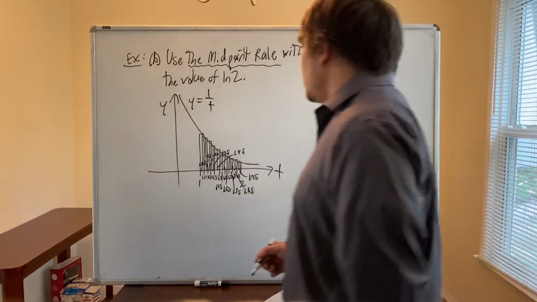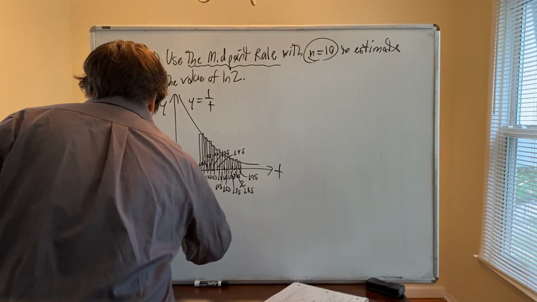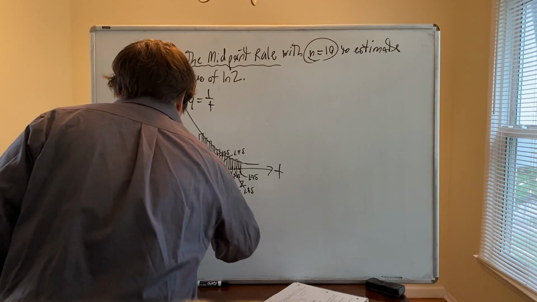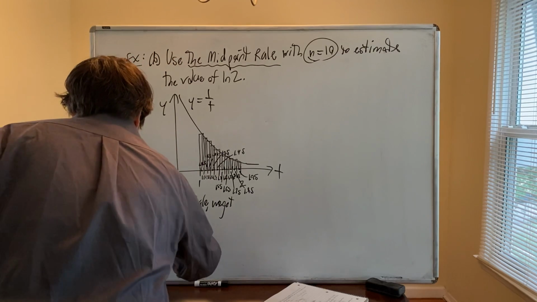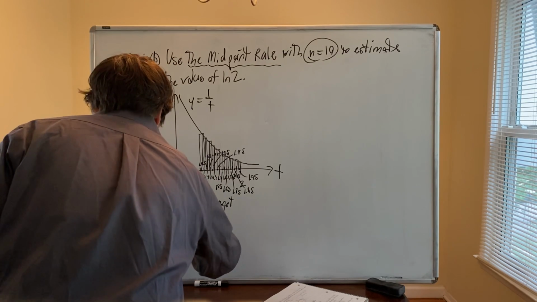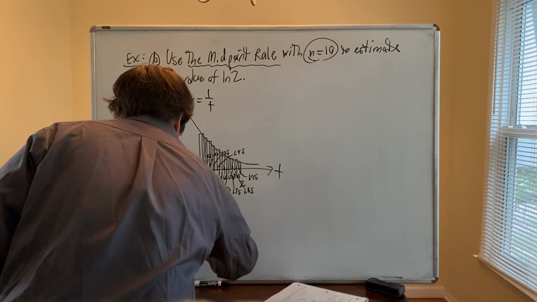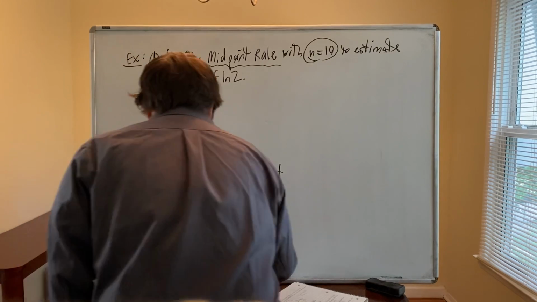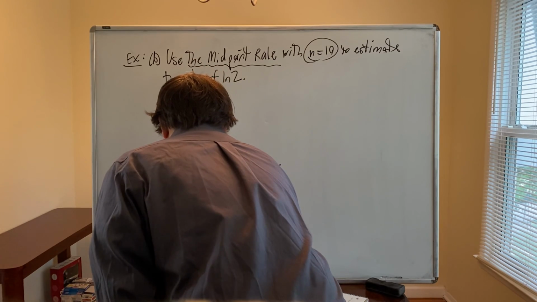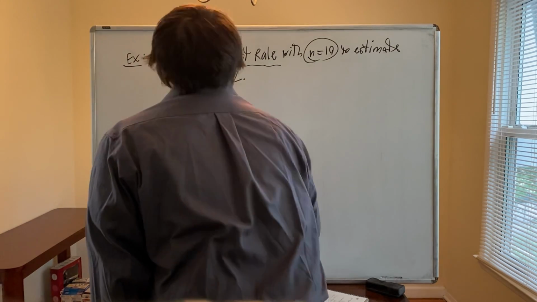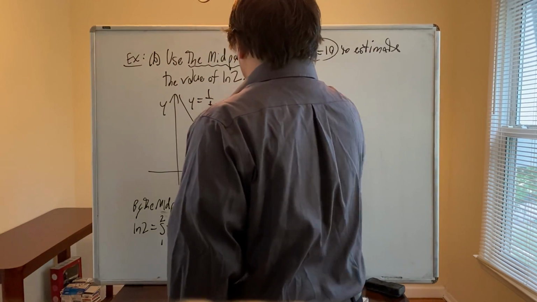Okay? So by the midpoint rule, we get that ln of 2, which is the integral from 1 to 2 of 1 over t dt, is approximately the sum of the areas of those 10 approximating rectangles, which is f of, so here f of t is 1 over t.